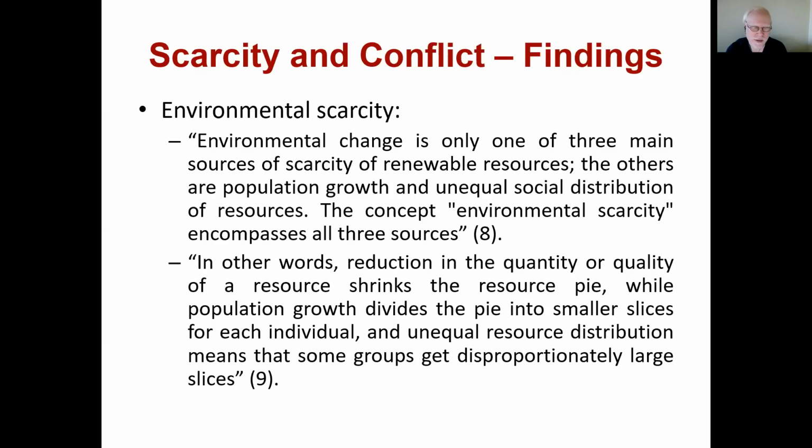So particularly the most disadvantaged are dealing with a smaller pie, smaller and smaller slices, and even their slices are getting squeezed by unequal distributions. These 3 together lead to what's called environmental scarcity, and these 3 things operating together can help produce conflict.